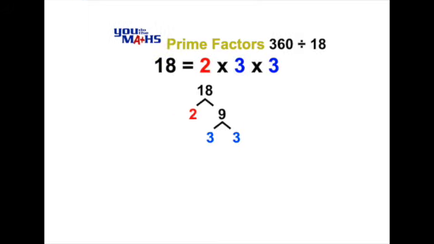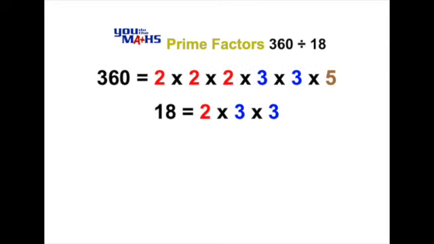So we can now express 18 as a product of its prime numbers, and that product is 2 multiplied by 3 multiplied by 3 because they're the end of each branch of our factor tree. We can also simplify that by expressing 18 as 2 multiplied by 3 squared because 3 is being multiplied by itself twice. So there's our two numbers in our division problem written as a product of primes.